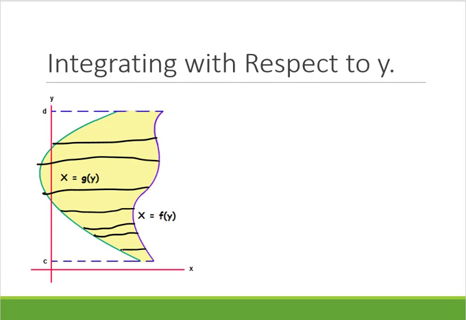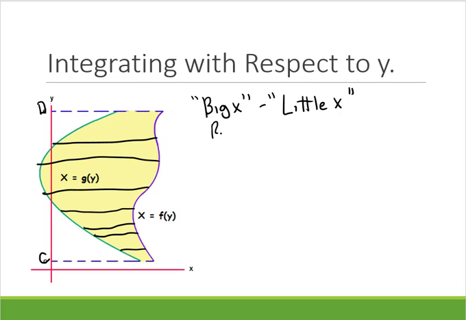That's a c and that's a d. You're integrating, everything is in terms of y. So you want to actually think about this as big X minus little x. Meaning, okay, the rightmost function minus the leftmost.